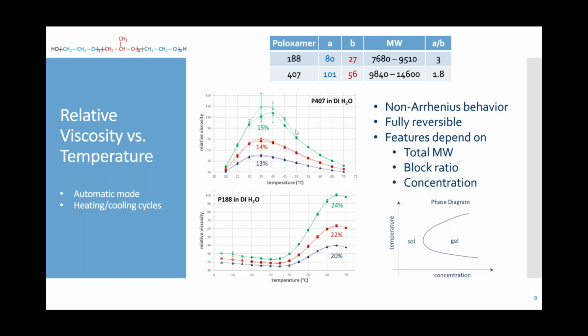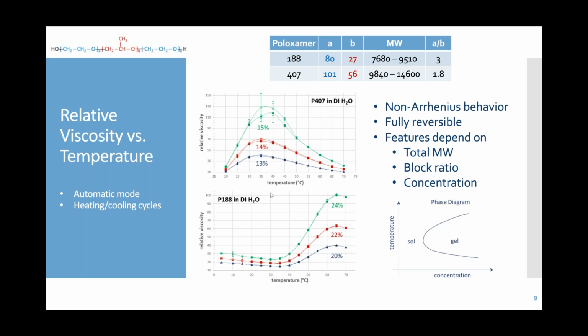Now we see this peak in viscosity. We have the peak in both of the poloxamers, although it is shifted depending on the type of poloxamer that we have. One of these is in the vicinity of body temperature, somewhere around 37, which is actually a common application for this type of poloxamer, where you try to introduce this into the body with the hopes that it will increase in viscosity or gel and promote the controlled release of different drug products.